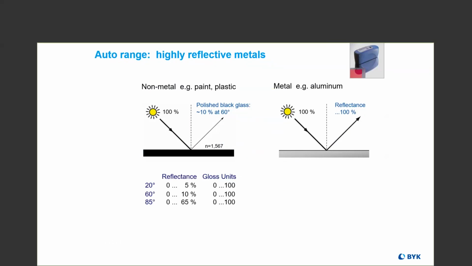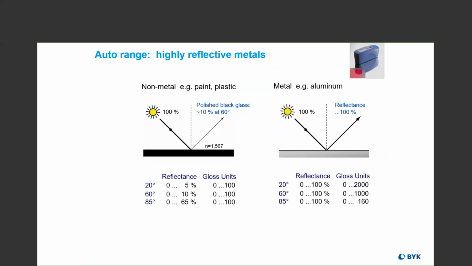Now metals, the reason for that is because paint and plastics, they absorb a certain amount of the light, whereas metals like aluminum are going to have near total reflection of all the light hitting the surface. And so there's very little absorption, little to no absorption with metals. And so the possibility exists to get much, much higher gloss values with metals than with things like paints and plastics.